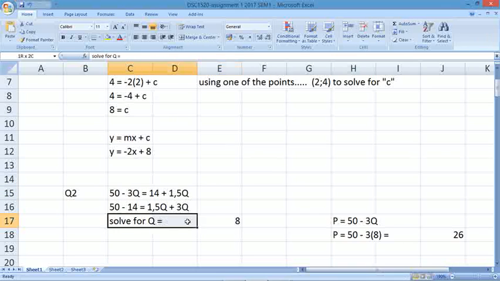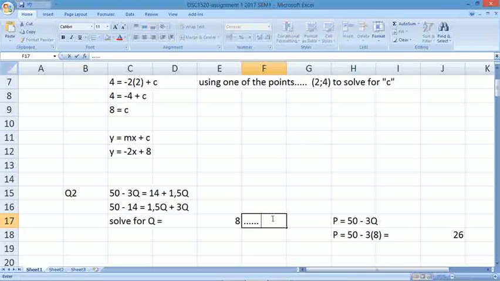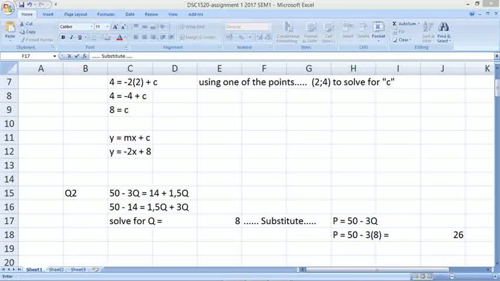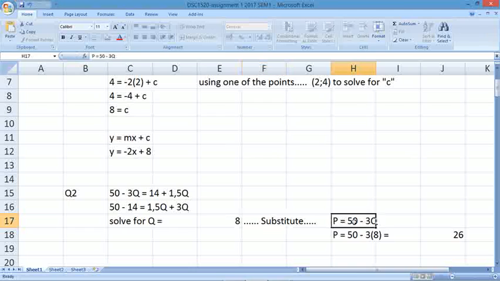You get q as 8. Then I need to solve for p. Substitute in. So I've got the q of 8. If I substitute the q of 8 into the other formula, I then get p. So I've used this equation, p equals 50 minus 3q.